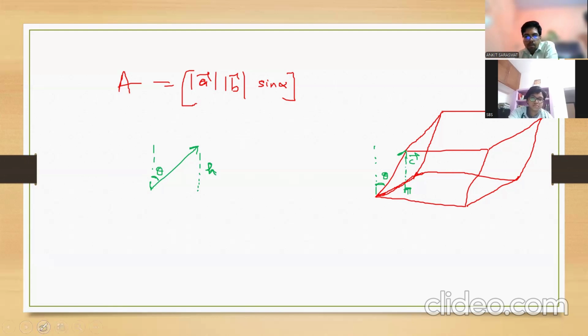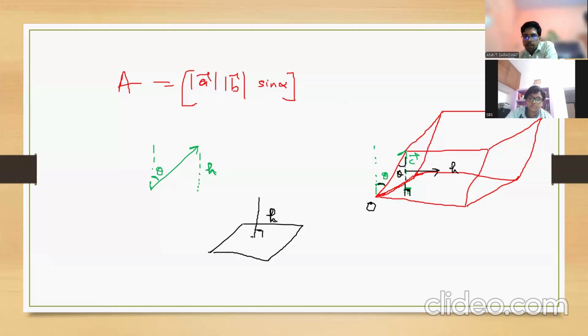This is O. I want this length simply. This is h. How will you find it? If this is theta, this is also theta. Now on this area, you draw a perpendicular. This is h.